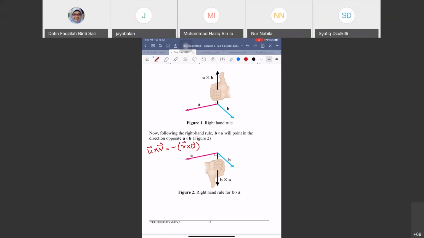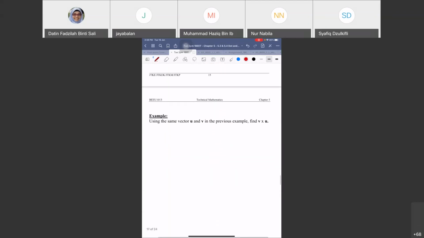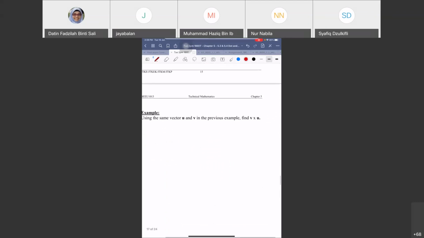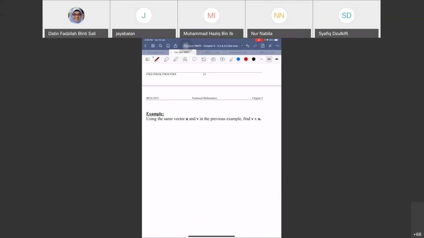So the mathematician deduced this property from this principle. Let's see the proof with this example, using the same vectors u and v from the previous example, to find v cross u.